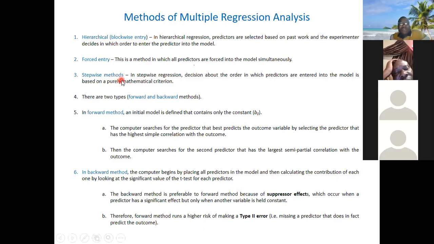The stepwise method, which I believe should be the most important one for you to know in some critical situations, is based on a mathematical criterion. What I mean is that it is good to have done simple regression for each of them.